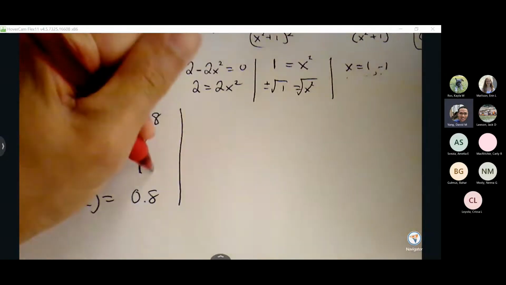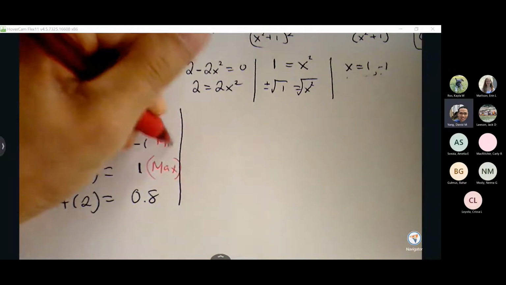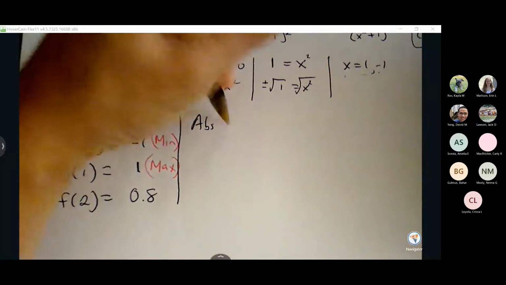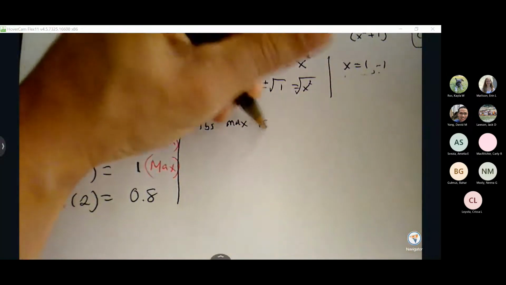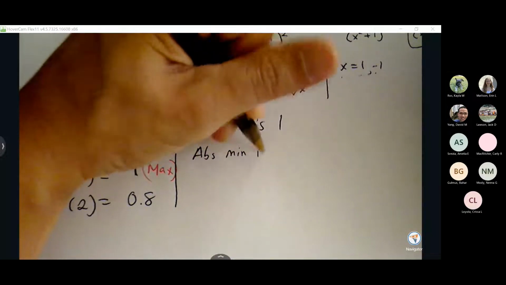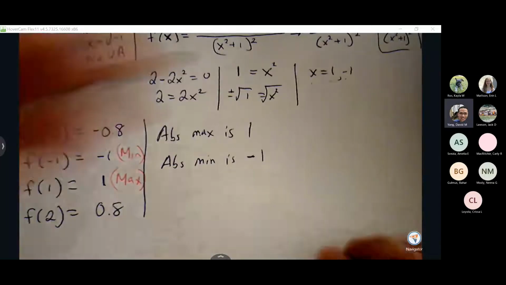Highest y value is 1. Lowest y value is -1. Just the y values.